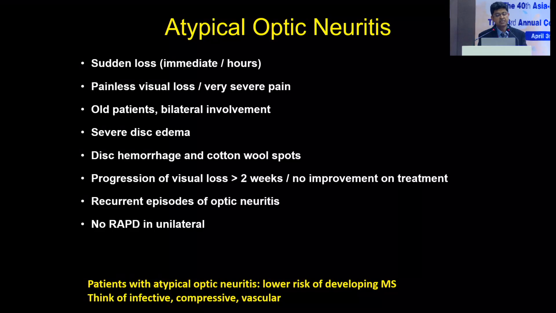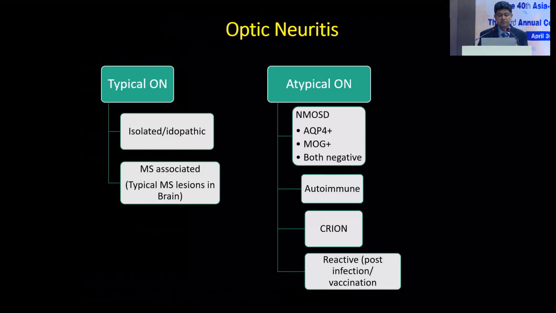Severe disc edema, disc hemorrhages, progression of vision loss which continues, or no improvement even on treatment, and recurrent. Now recurrent optic neuritis is not so uncommon in a child, but essentially will still continue to be classified as atypical when you are discussing optic neuritis.